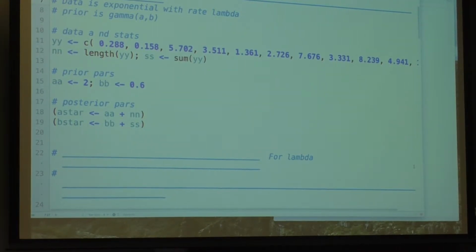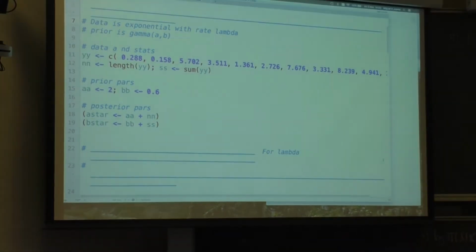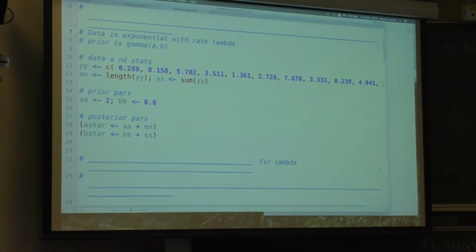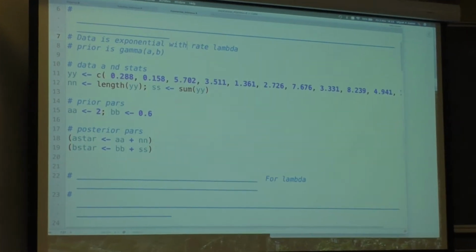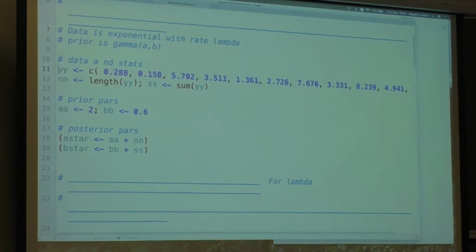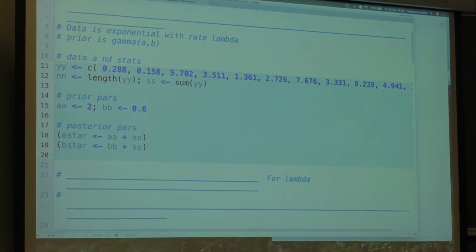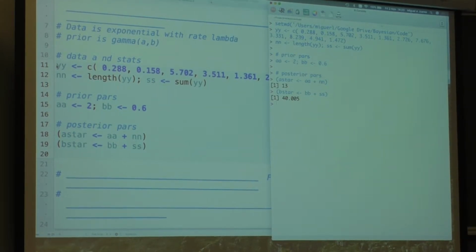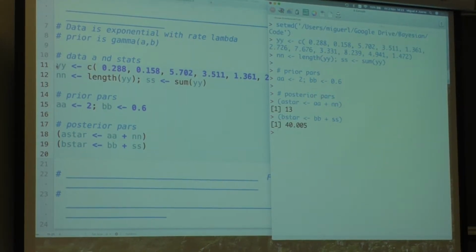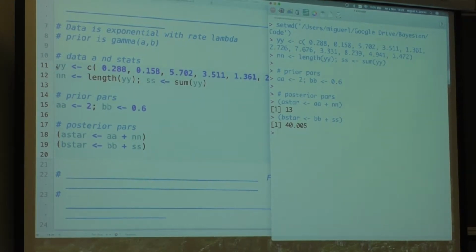You can download this script from the web page or Moodle, and this is just my attempt to illustrate what we're doing. That is data, some statistics, and those are the posterior values. Okay, so that is my A star and my B star.